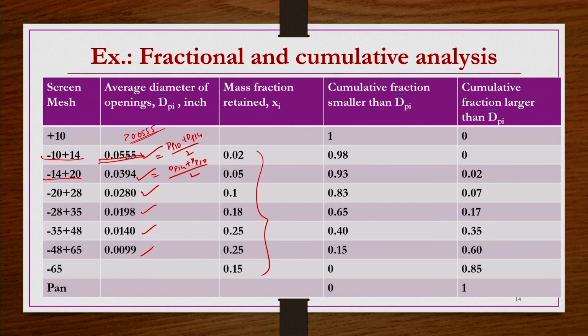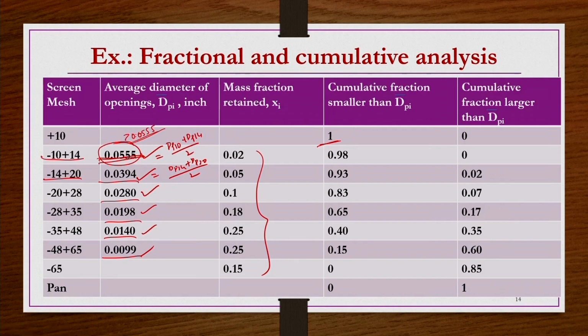So, all these things are smaller sizes. Their corresponding fractions should be added and then written here. Likewise, now let us say we do the second one. What is the fraction of material which is having size less than 0.0555?